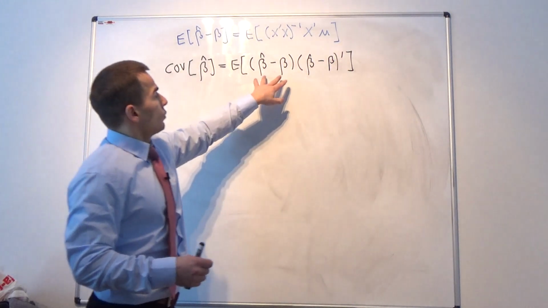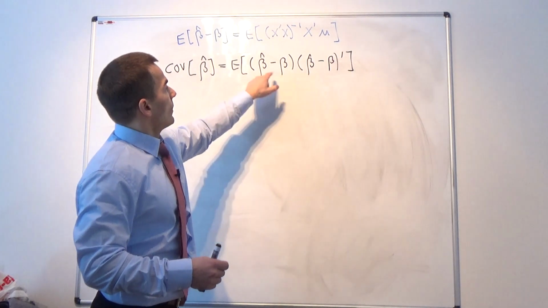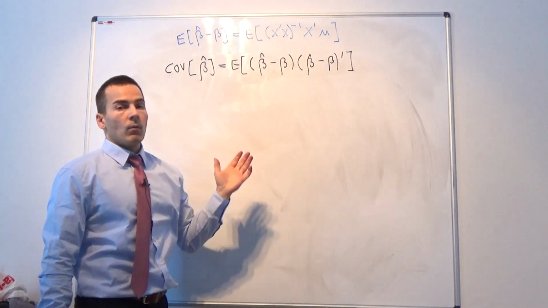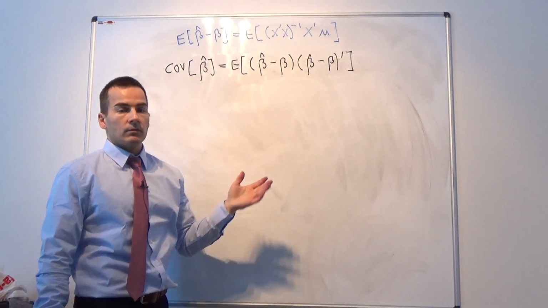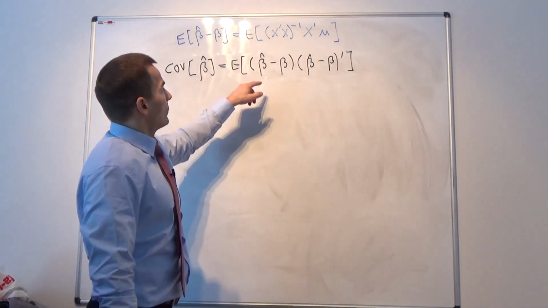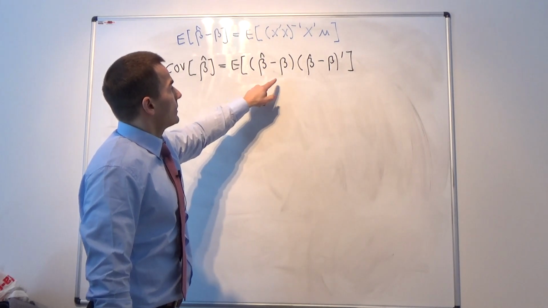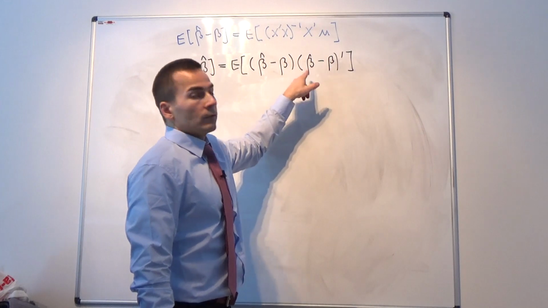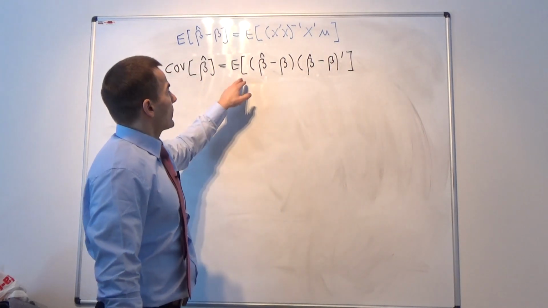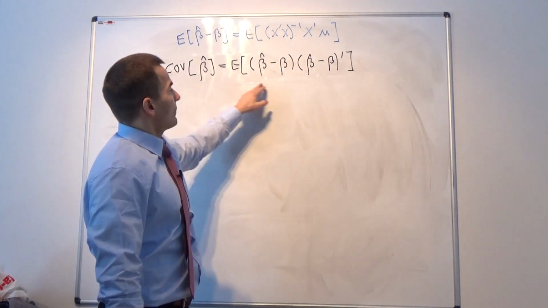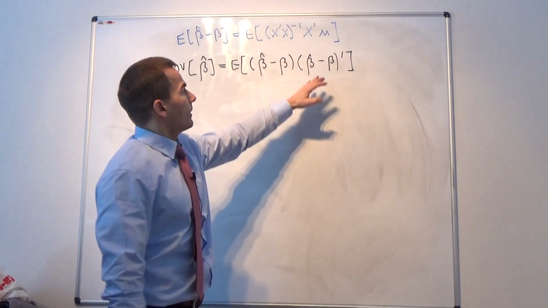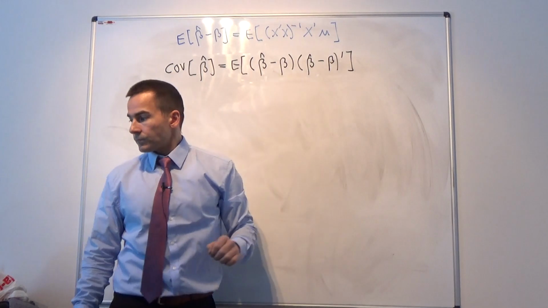And again, what do we have here actually? Here we know that beta hat is a 4x1 vector, or a k by 1 vector to make it more general. So it's a k by 1 vector times a k by 1 vector transposed, which is 1 by k. So what comes out here needs to have the dimension k by k. It's a k by k matrix.